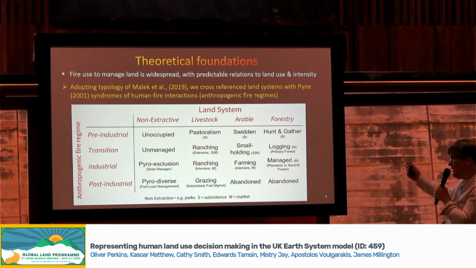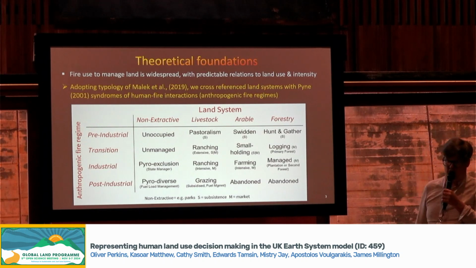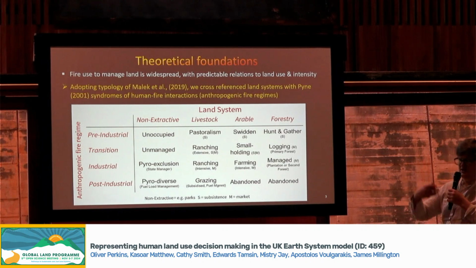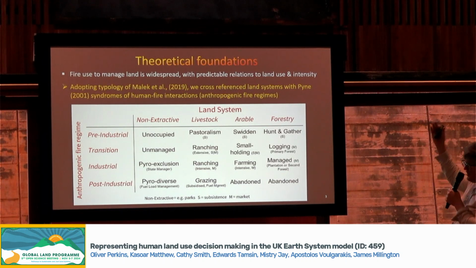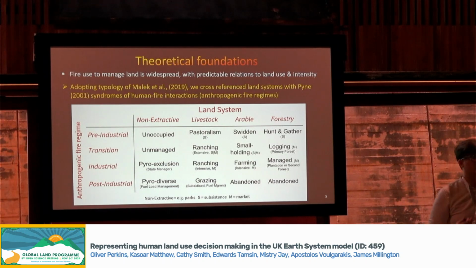And we drew on the Malek typology, which has 6 basic empirically defined types: subsistence-oriented smallholder, survivalist, market-oriented smallholder, this kind of thing. And then we cross-reference this with different land system types. And I think one of the really important things when you're thinking about fire modeling is to think about non-extractive land management.